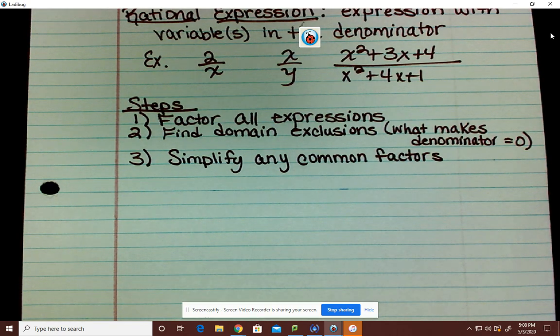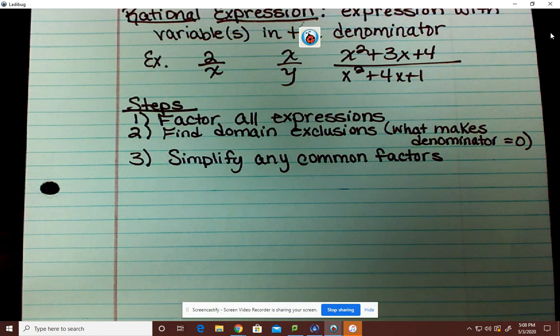Everything that's in the numerator, everything that's in the denominator. If you can factor it, you will factor it.